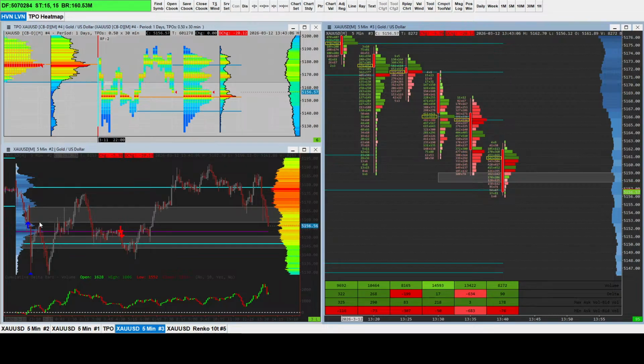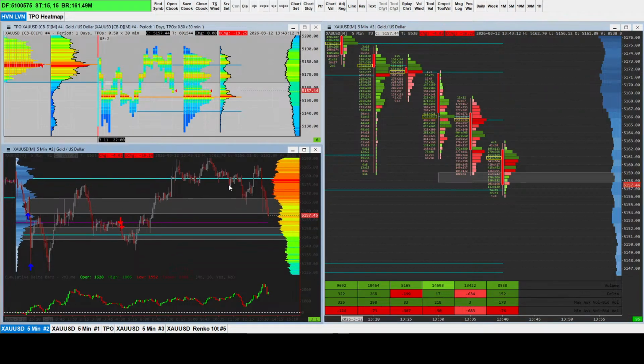But if we do get accepted within this, we're going to the bottom half. Good amount of buyers coming in though.